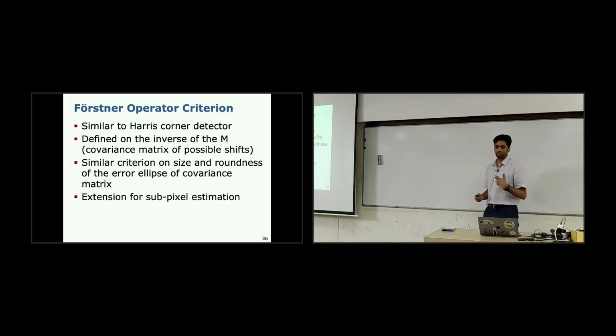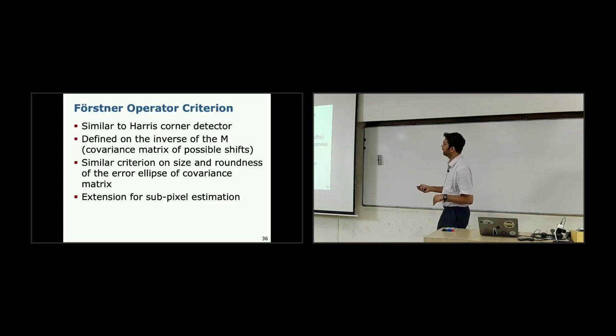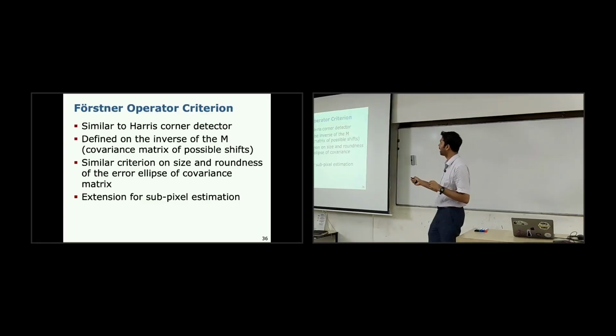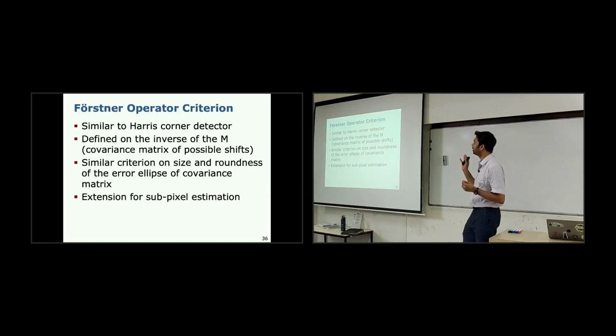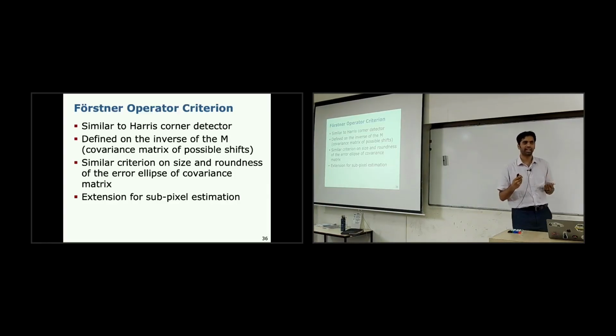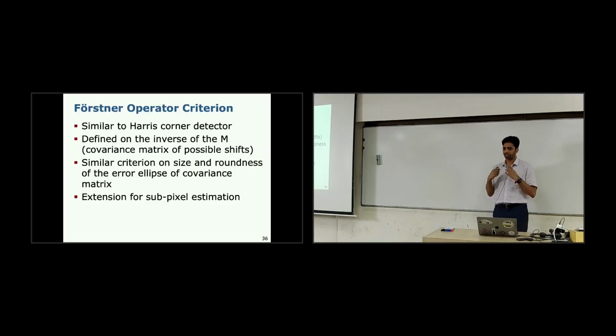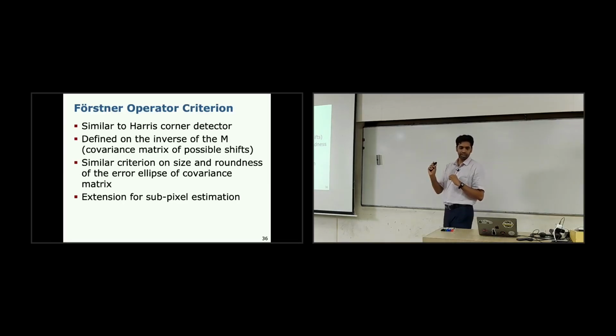Similarly, there's the Förstner operator. We will not really go into the details, but it's similar to the Harris corner detector. But instead of doing the criteria on M, Förstner looks at the inverse of M, which is the covariance matrix, and uses some criteria on the inverse of M, where Förstner looks at a shift.